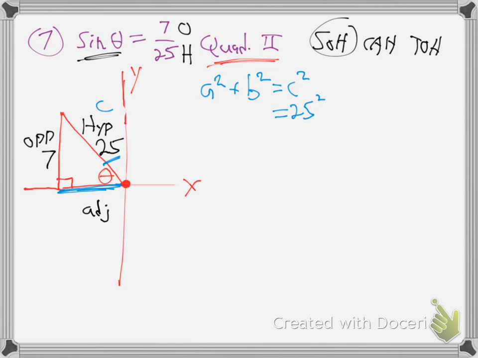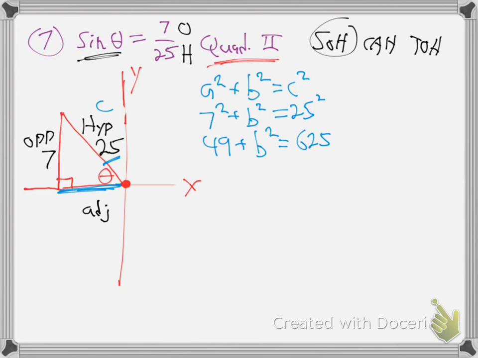So it makes sense they add up squared to be it squared. So the other two, whether you call this a or the other one a or b, doesn't matter. You could say a squared plus 7 squared, or 7 squared plus b squared. Whatever. And solve. So use your calculator, 49 if you need to. 49. b squared, 625.